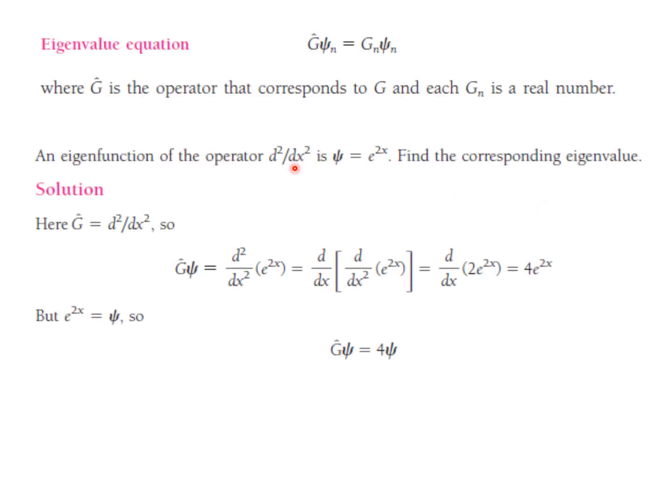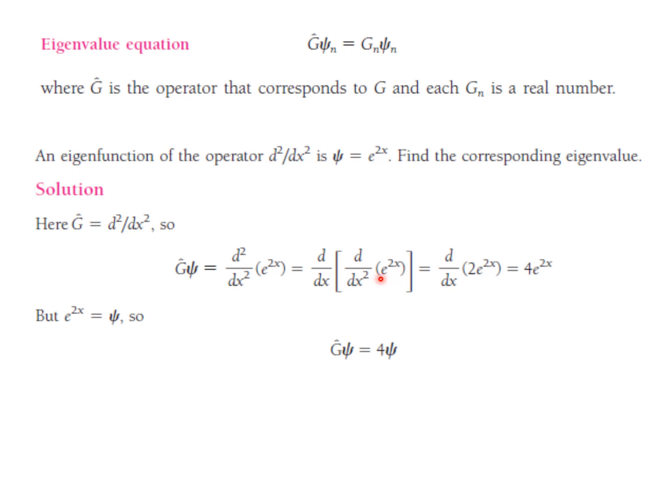If we take one example, the operator is d²/dx² and psi equals e raised to power 2x. Find the corresponding eigenvalue. So the operator d²/dx² acts on psi equal to e raised to power 2x, and we have to differentiate it two times.